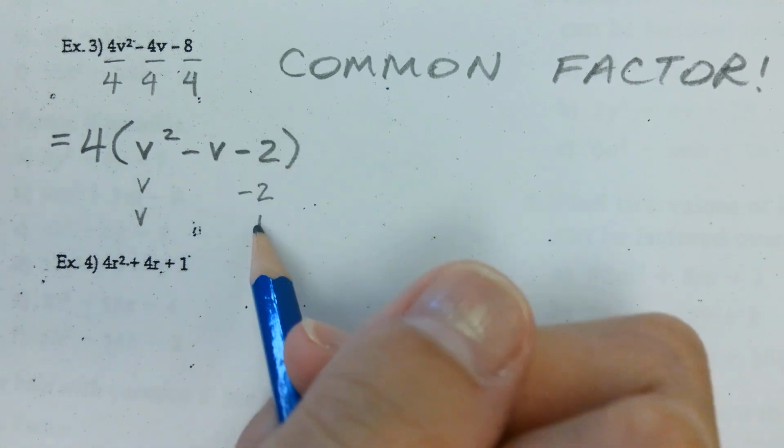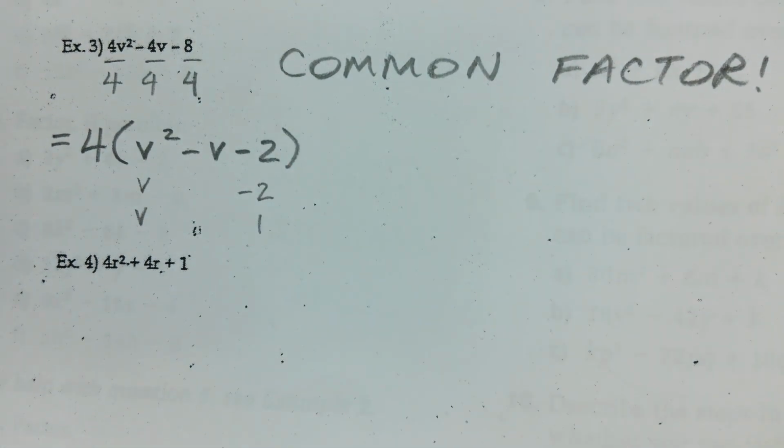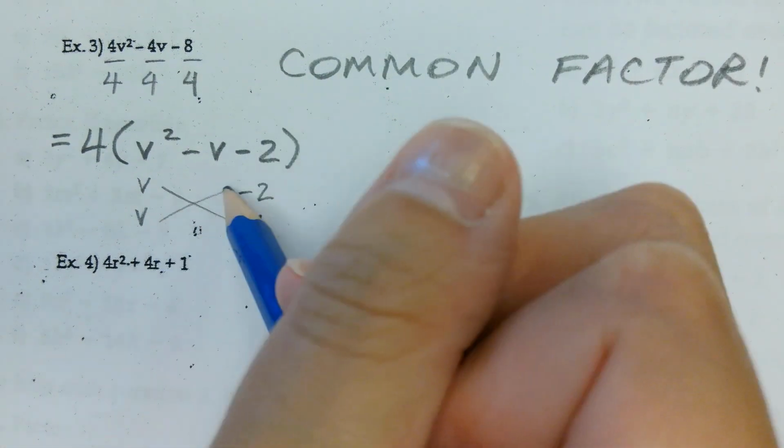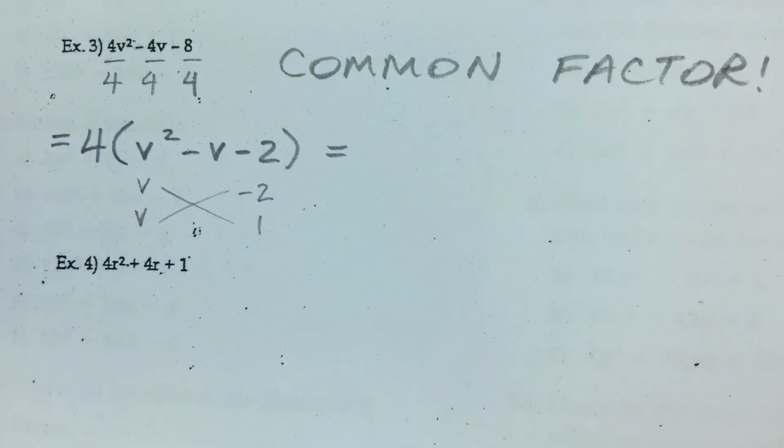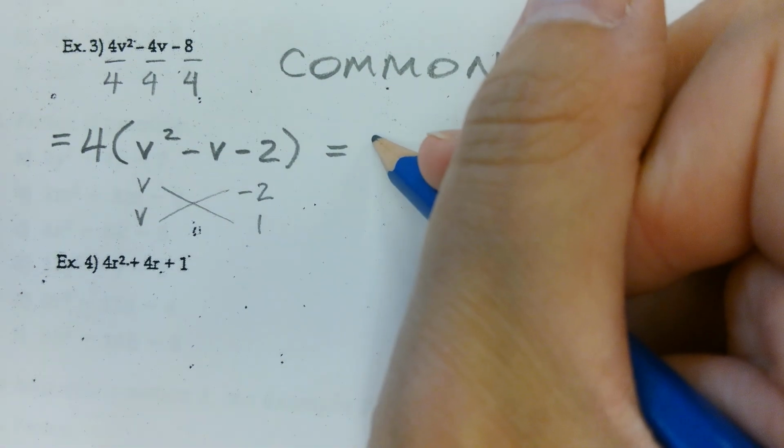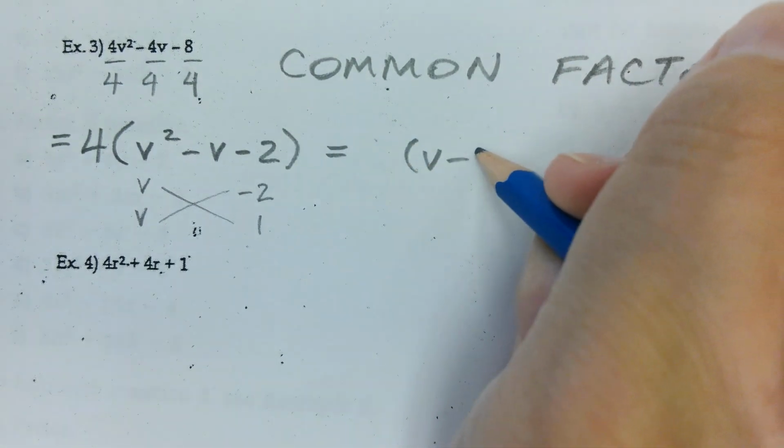So when I cross multiply, I do get the negative v. So what's my final answer here then? Aryan? v minus 2 times v plus 1.